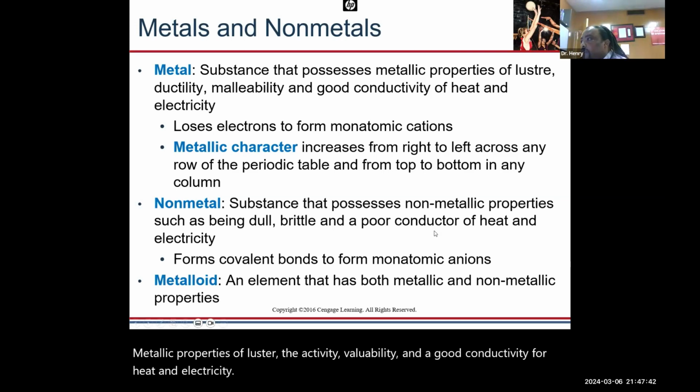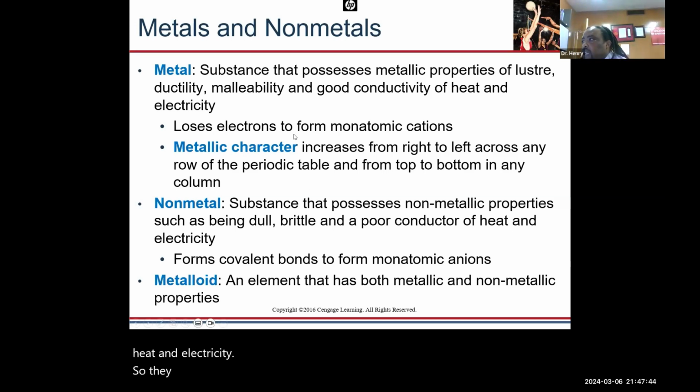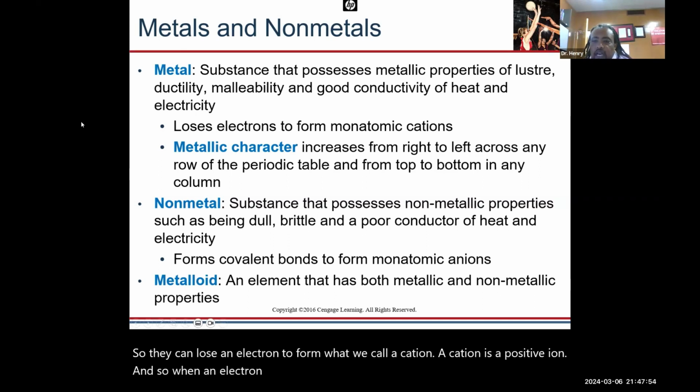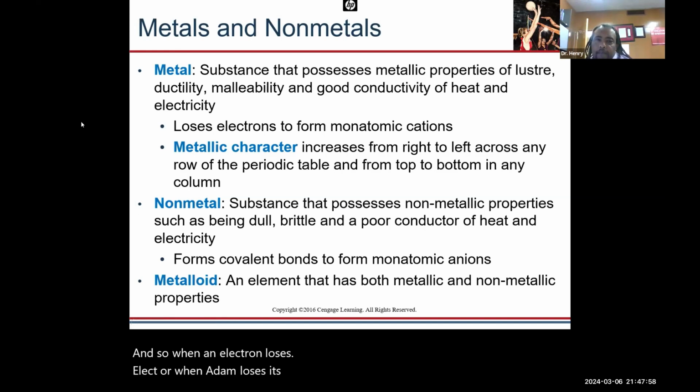So they can lose an electron to form what we call a cation. A cation is a positive ion. When an atom loses its electron, it's going to become positive because it lost a negative charge.